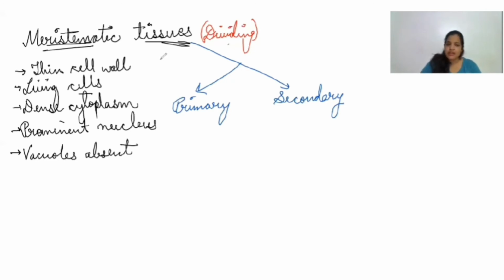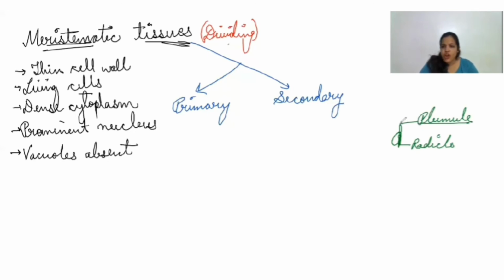So for these primary meristematic tissues, there is one seed. This seed has this cotyledon. Now this cotyledon is going to germinate into the complete plant. It has this radicle which is going to form the roots, and it has this plumule which is going to form the shoot.